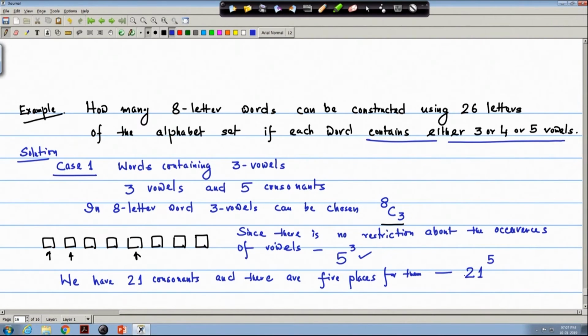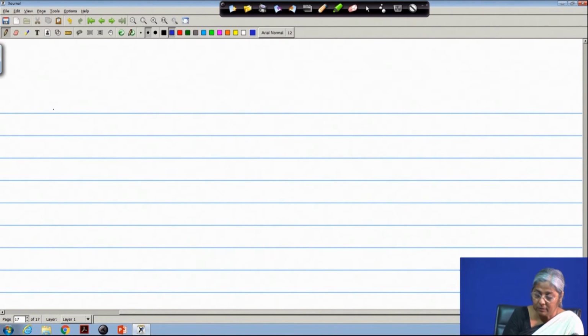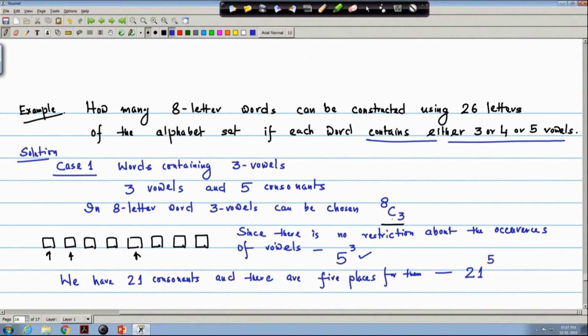Okay. So, case 1, the number of 8 letter words with 3 vowels: this is equal to 8C3 ways I can put the 3 vowels.